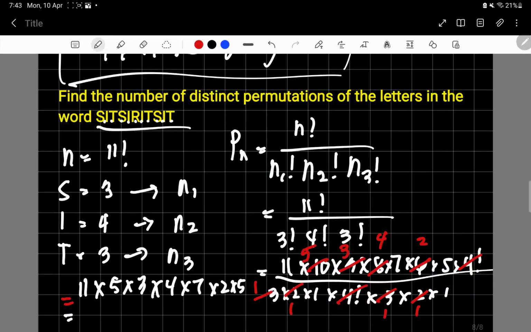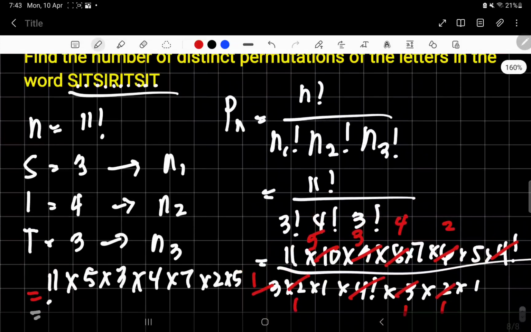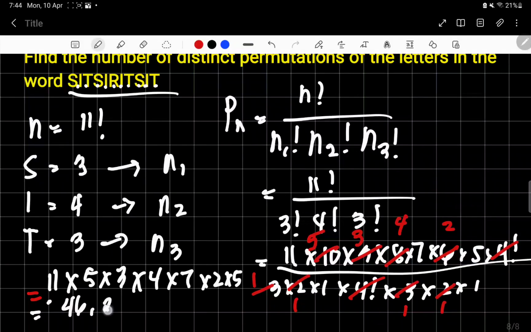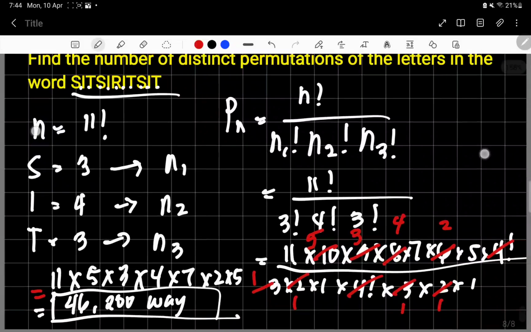Then, get the product of 11 times 5 times 3 times 4 times 7 times 2 and times 5. And the product of this one gives you ilan? 46,200. Okay, so it means that there are total of 46,200 arrangement of letters in a word sitsit.